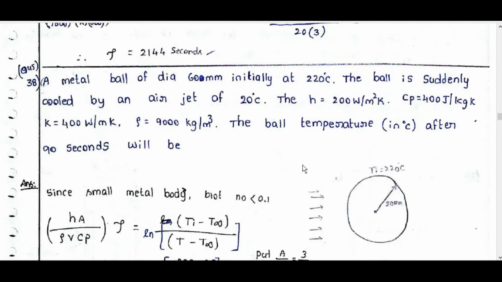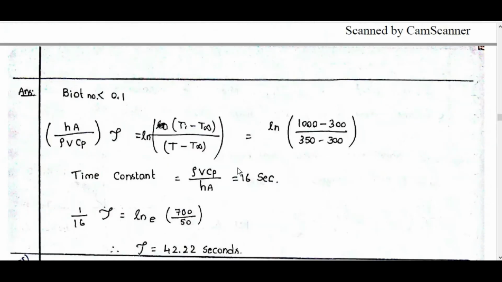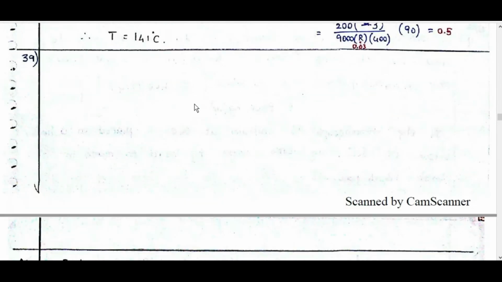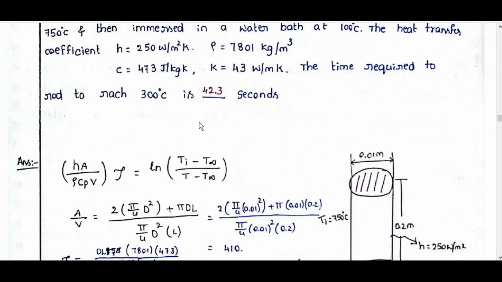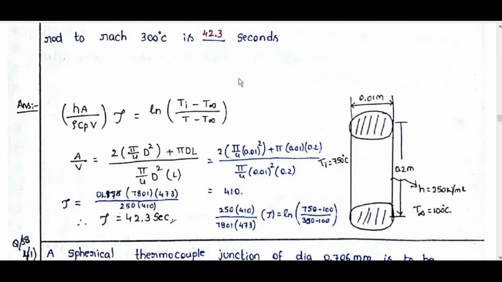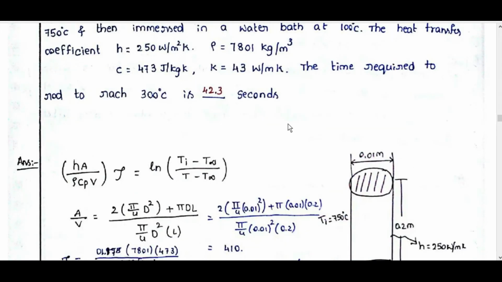The ball temperature after some seconds, again we can use the same formula, Biot number less than 0.1. Again, for the time required to reach, we use the same formula, but here it is immersed in a water bath, hA by rho V Cp.